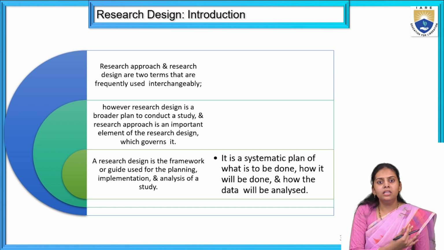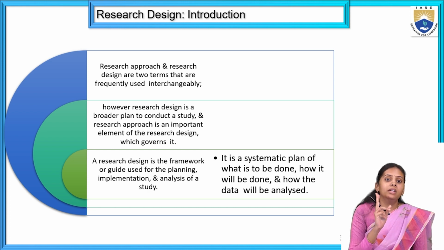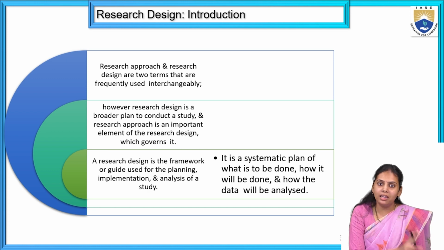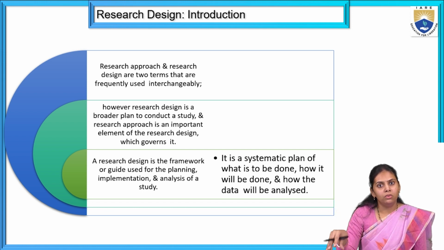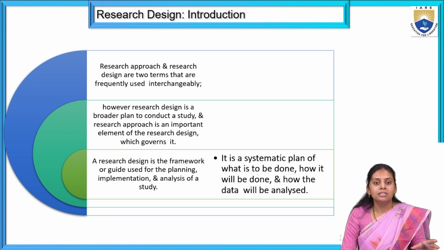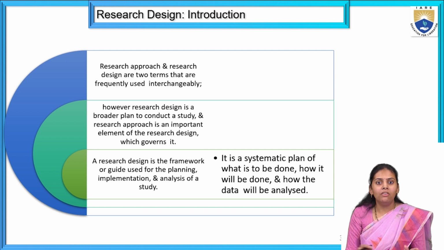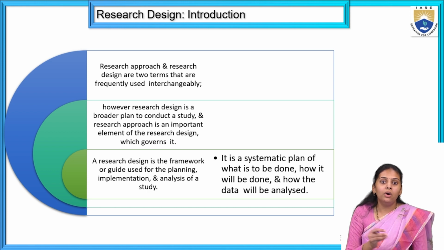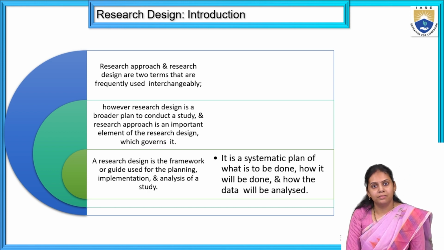To do research, there are two important questions for any researcher: what should be the target of the research, and how are we reaching the target? So, this research design gives the systematic plan of what is to be done, how it will be done, and how the data will be analyzed.